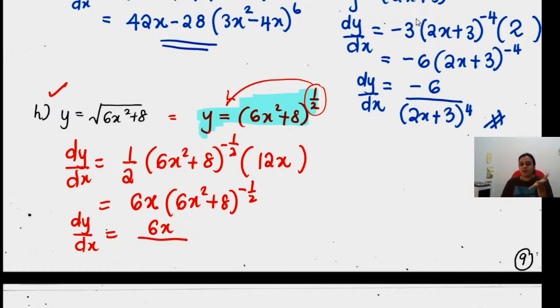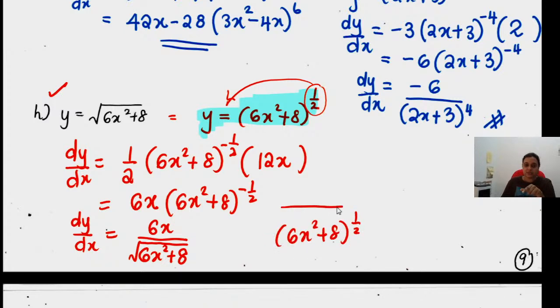But since power 1 over 2, usually you can write in square root form. So you write square root 6x squared plus 8. Actually, if you write like this also is correct. It's not wrong. But the neater way to write is the one with the square root.